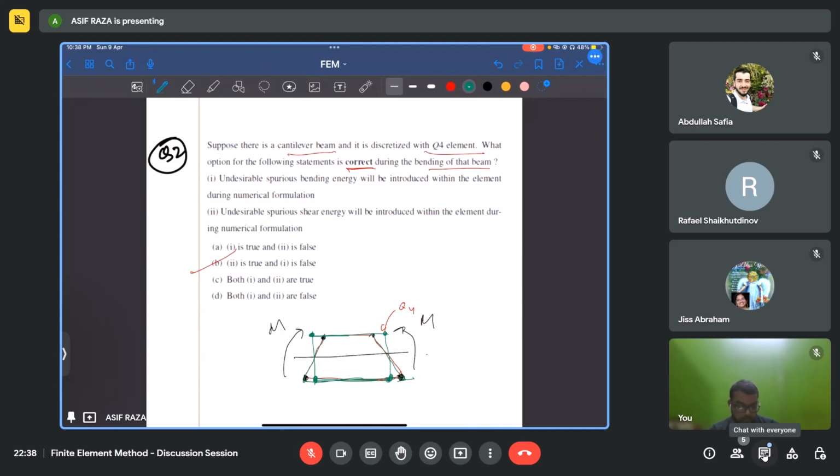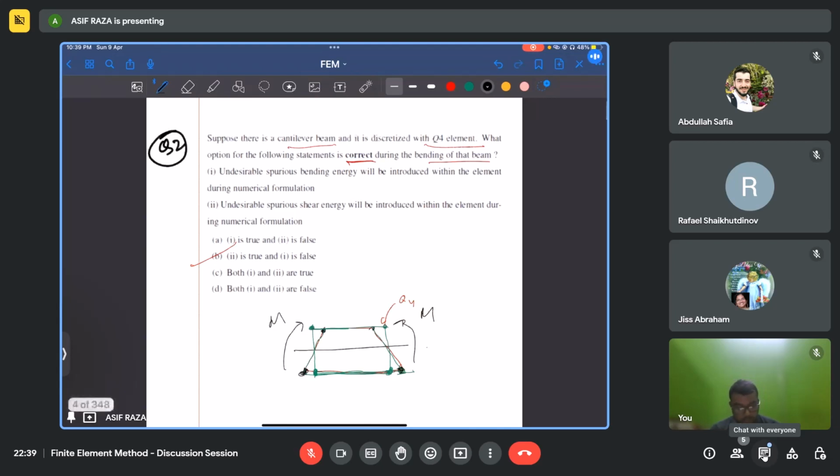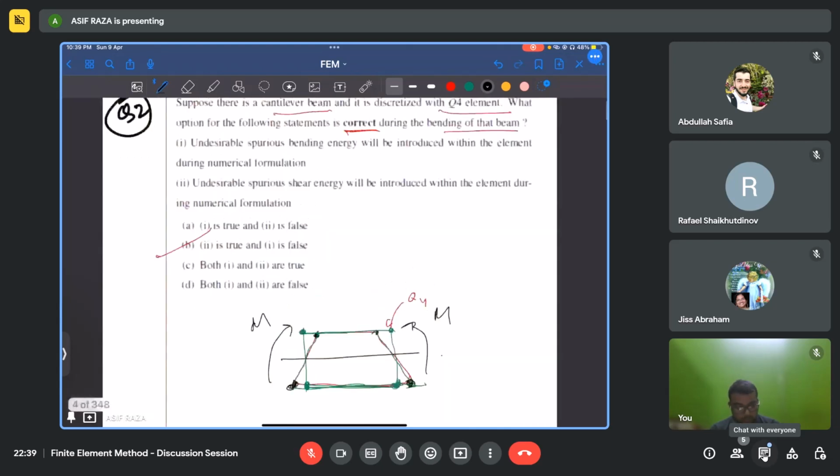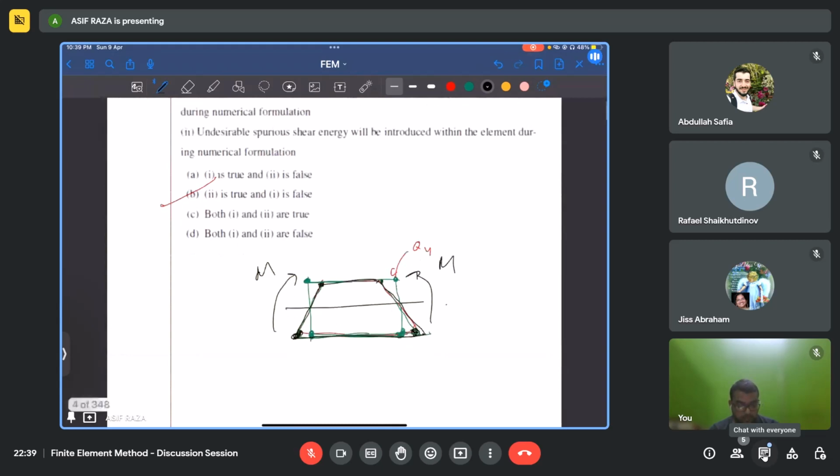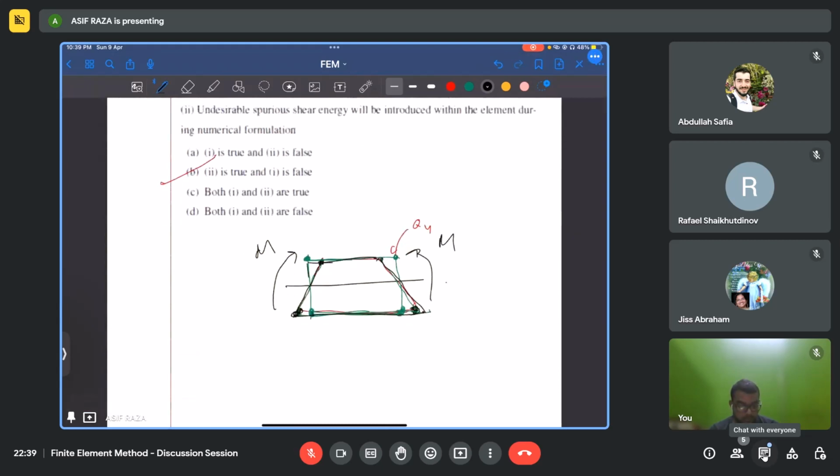Okay, I remembered. Earlier the element was this.